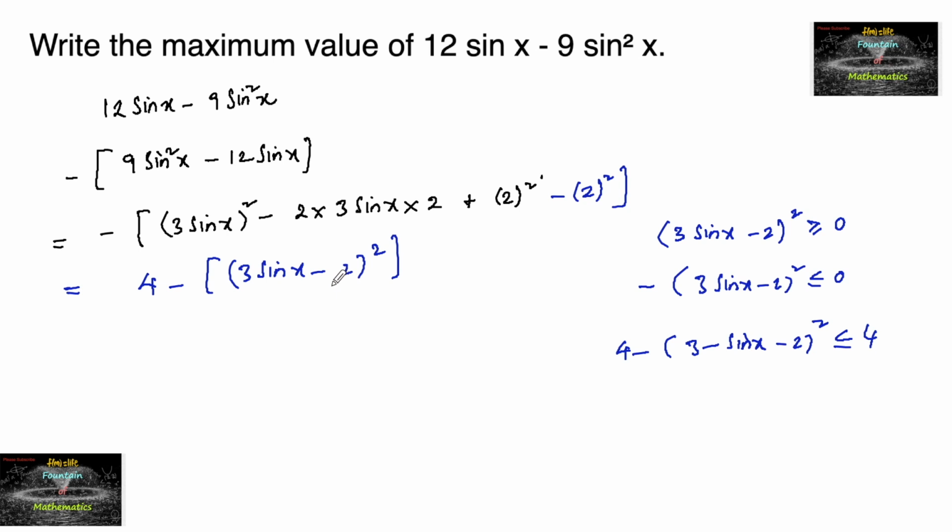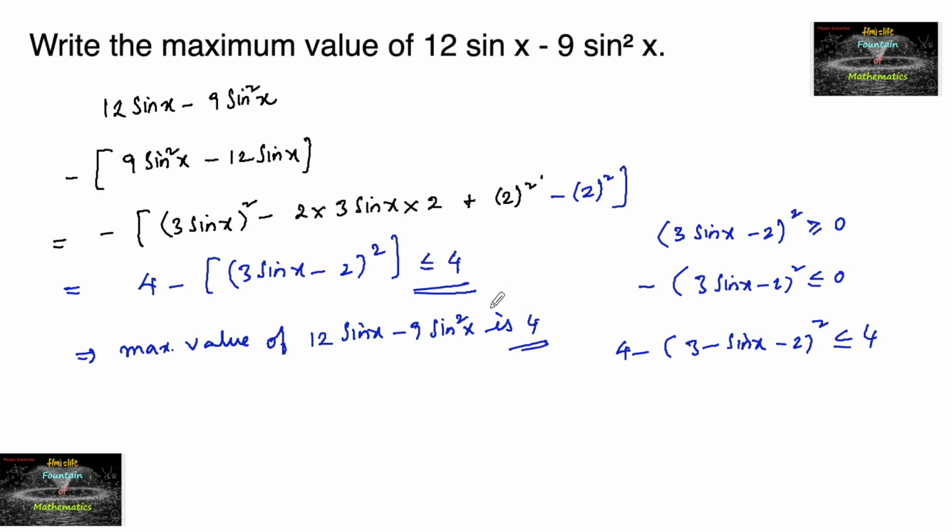So we can say this expression is less than or equal to 4. The meaning is, the maximum value of this expression is 4. Which implies that the maximum value of 12 sin x minus 9 sin square x is 4, which is less than or equal to 4, meaning the maximum value is 4. Okay, thank you.